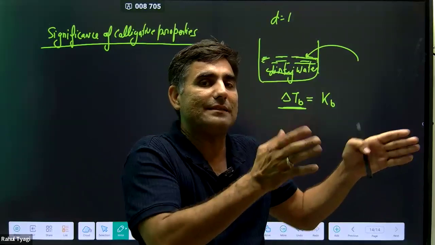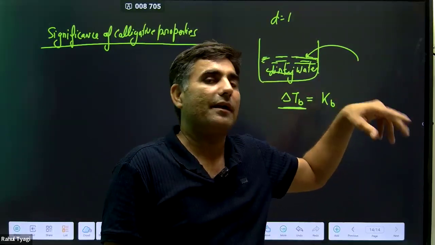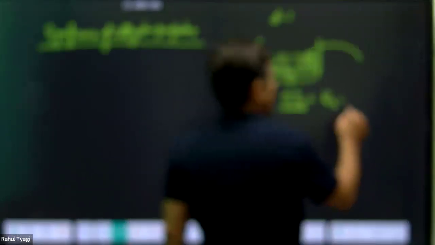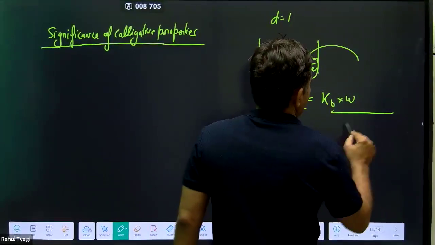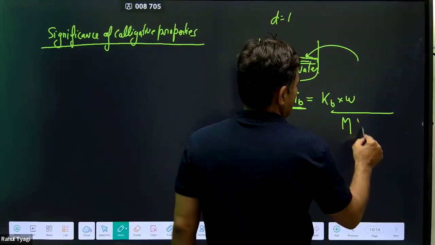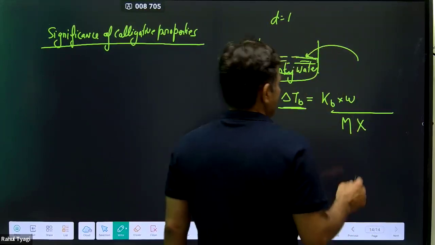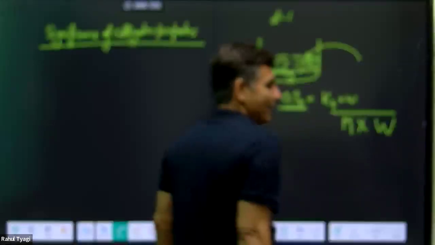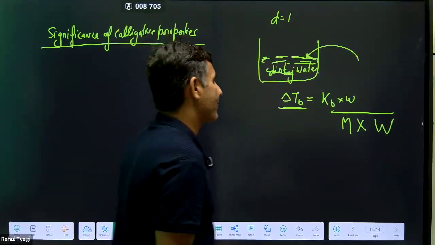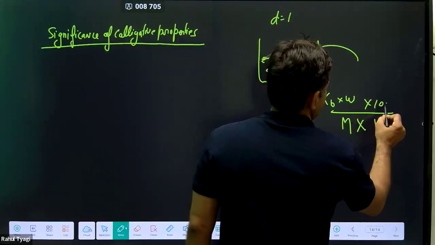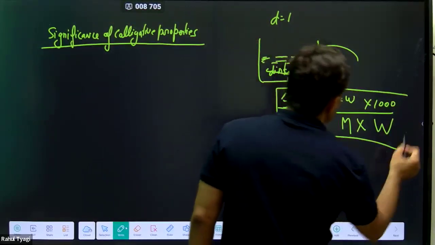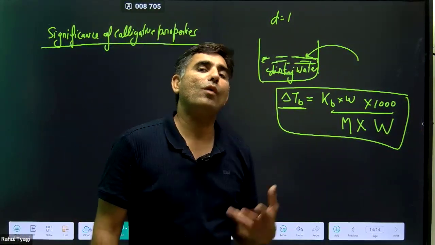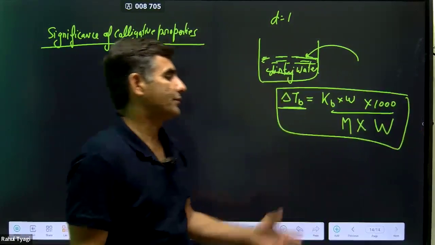With the help of the difference in density, I can calculate the mass that is dissolved in the particular amount of solvent. So I can calculate its mass here. Molar mass I don't know, multiply by the mass of the solvent, water, which I will also take experimentally, and multiply by 1000. So basically, these colligative properties are used to calculate the molar mass of the solute.